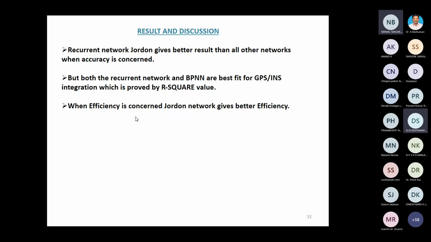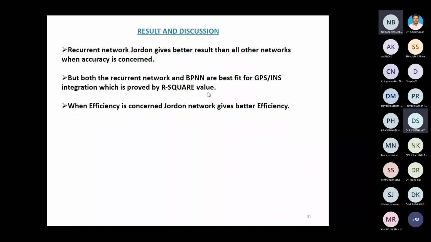You have a very minimum error with the minimum number of epochs. It is achieved in the Jordan type because of the presence of feedback and context nature. But both the recurrent network and PPN are best fit for GPS integration, which is provided by the R square value. So as far as R square value is concerned, there is no difference.